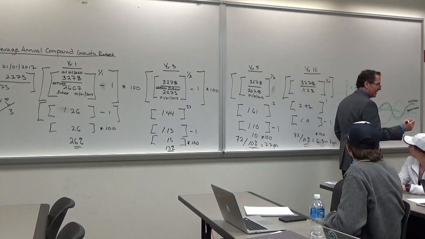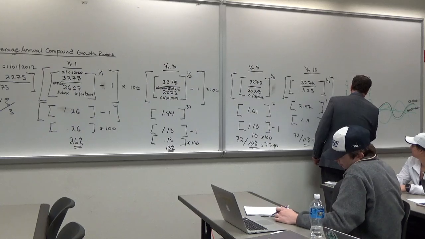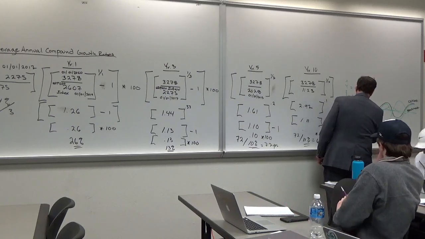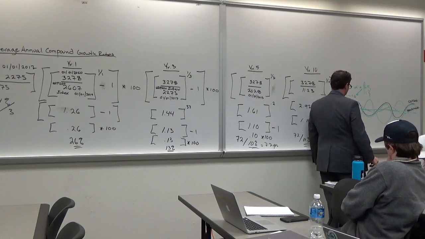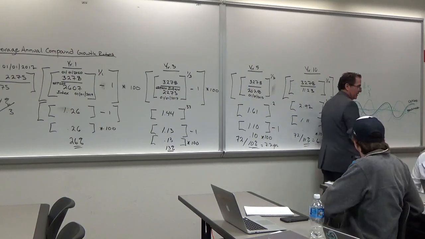Most betas that I've seen probably are as low as 1.45 to 1.5, and the highest beta is probably about 2.0.